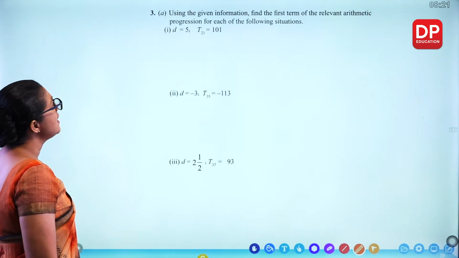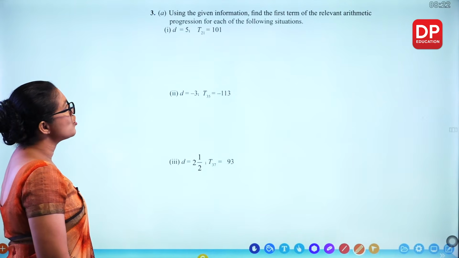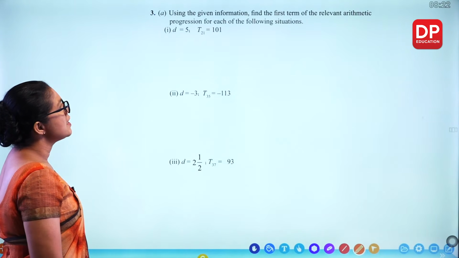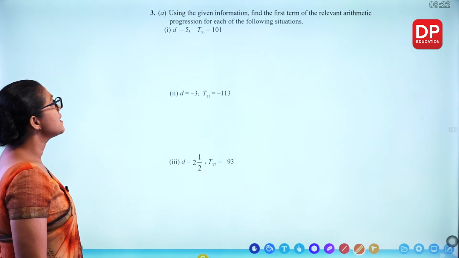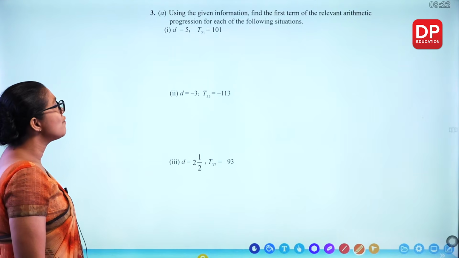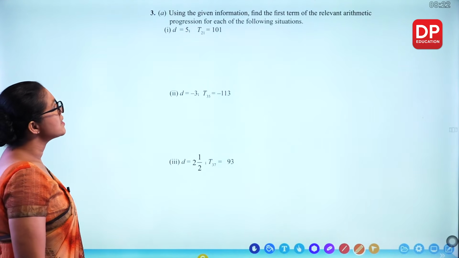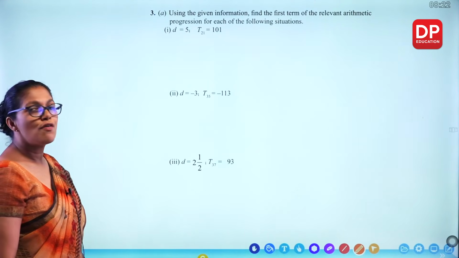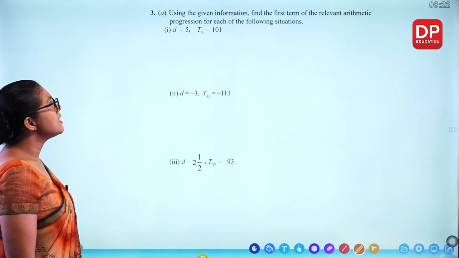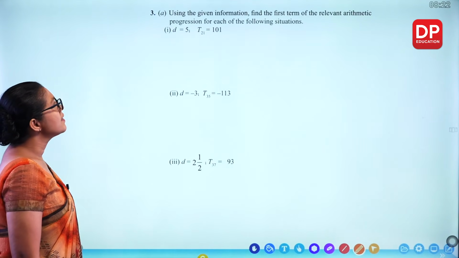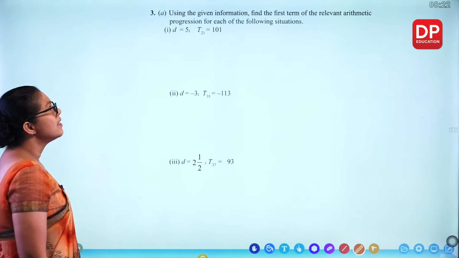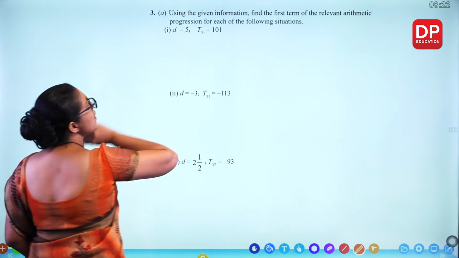Question number 3. Using the given information, find the first term of the relevant arithmetic progression for each of the following situations. So you are asked to find out the first term. So D is given, difference is given. So plug it to the nth term formula.